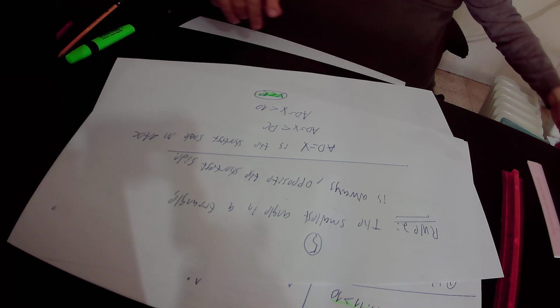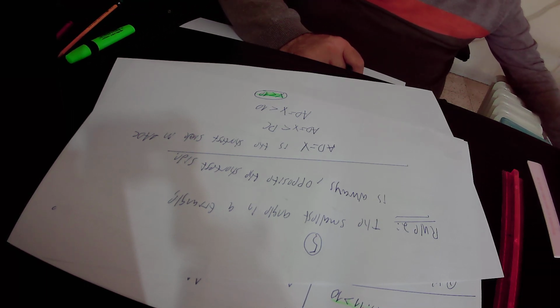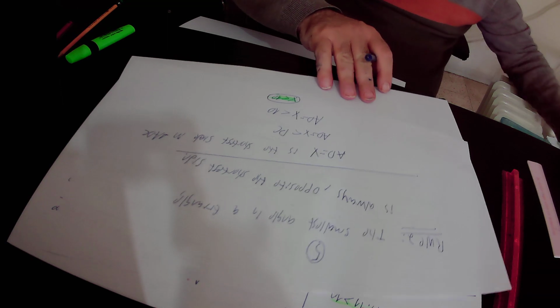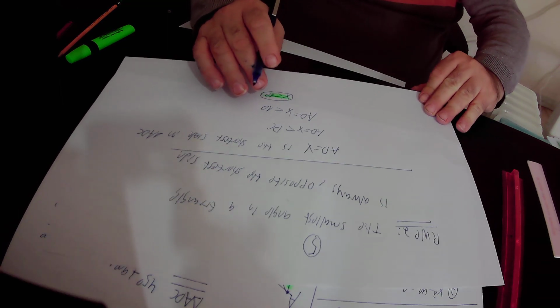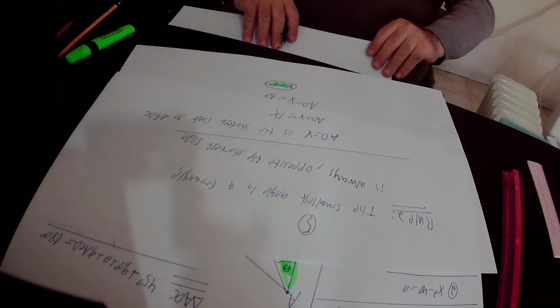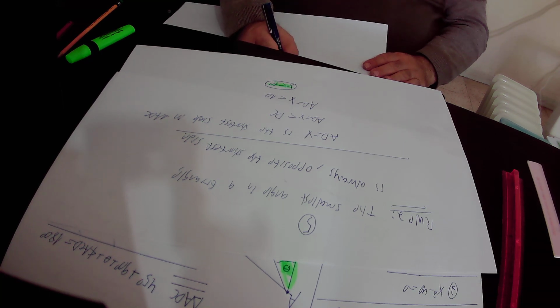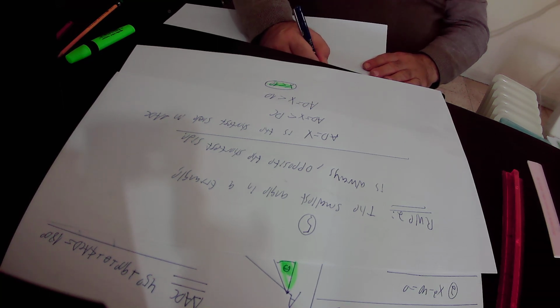And we had two solutions for x. The first solution for x is that x equals 6.45 units.